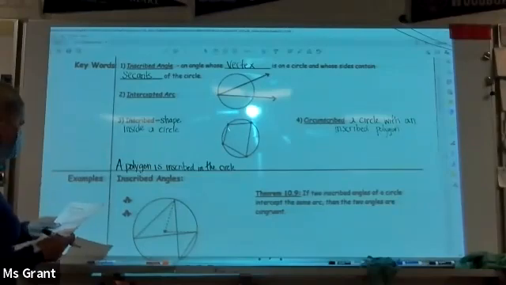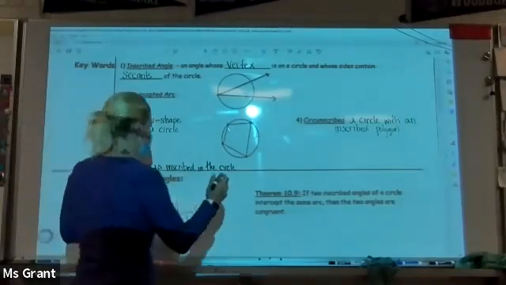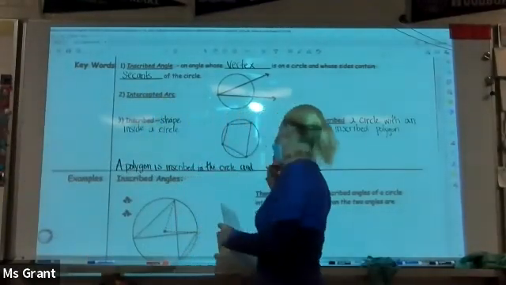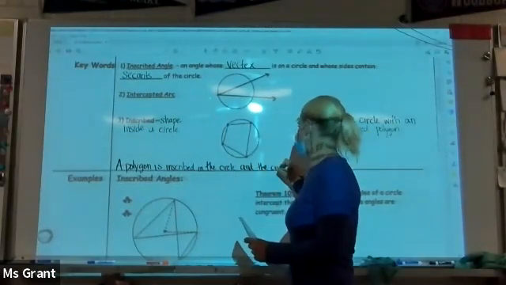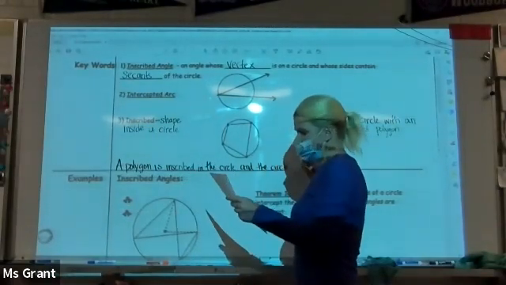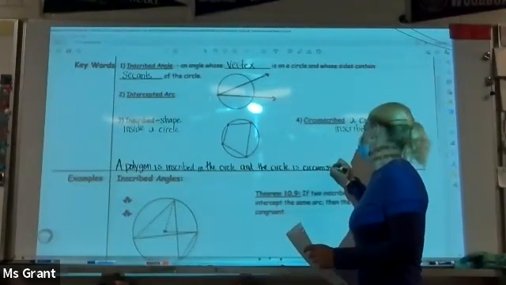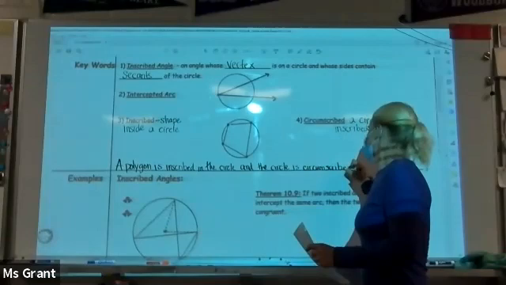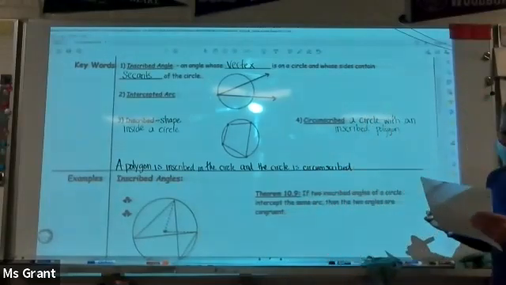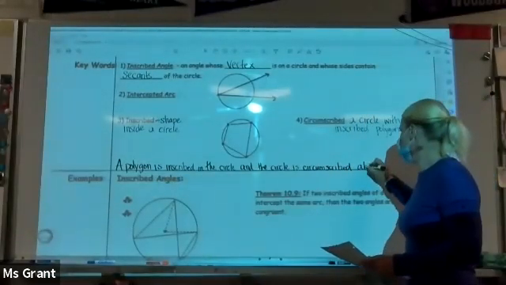So the polygon is inscribed in the circle, and the circle is circumscribed about the polygon.